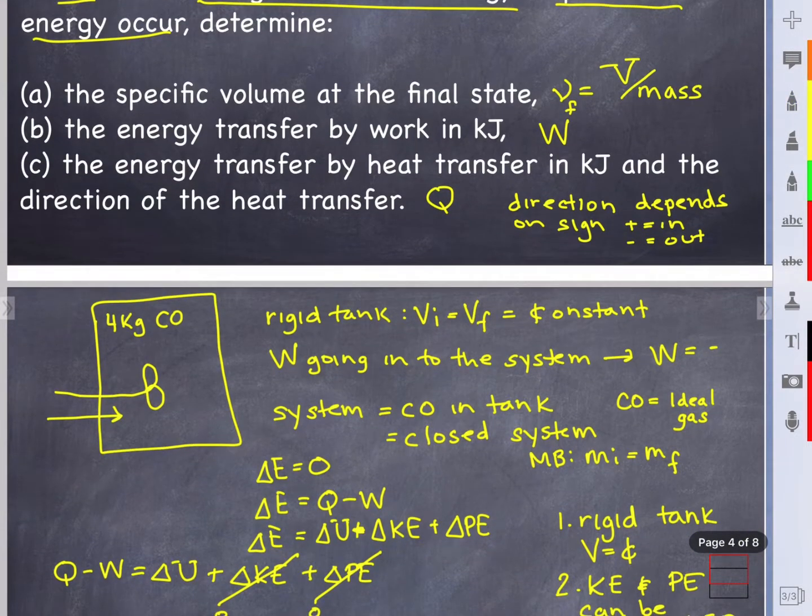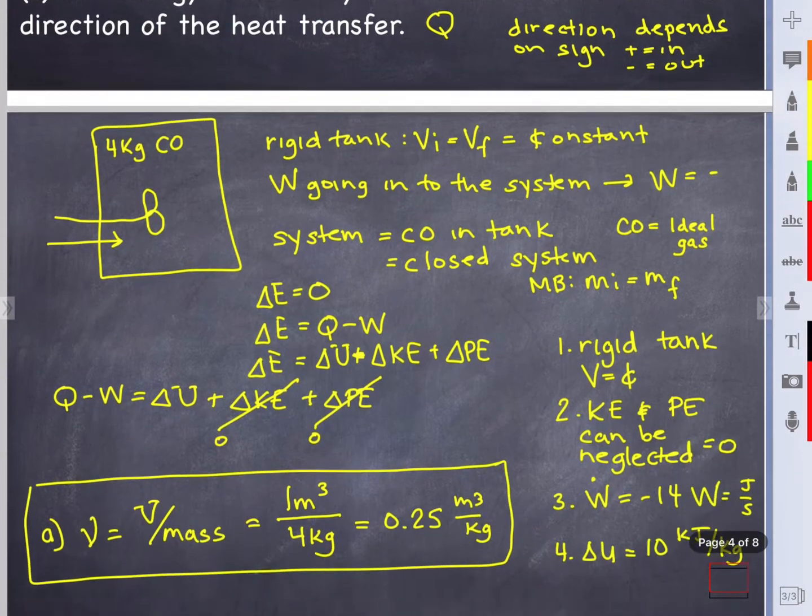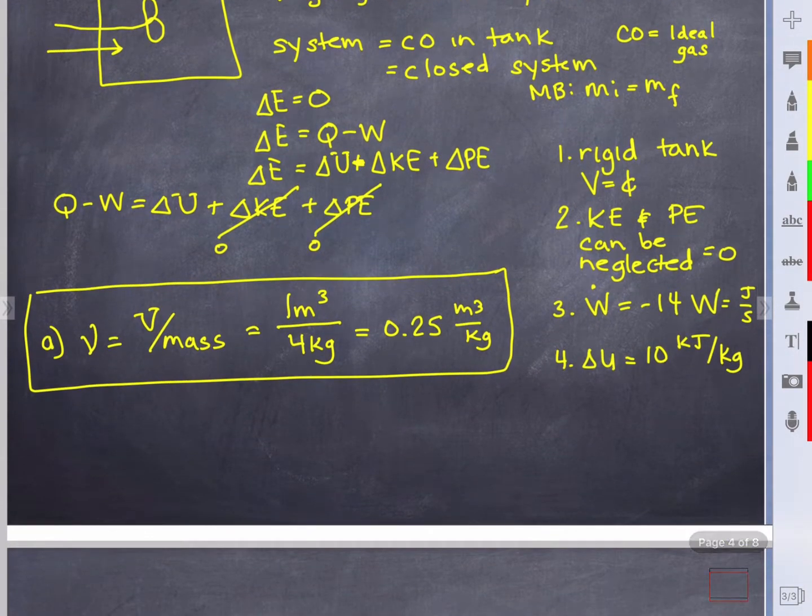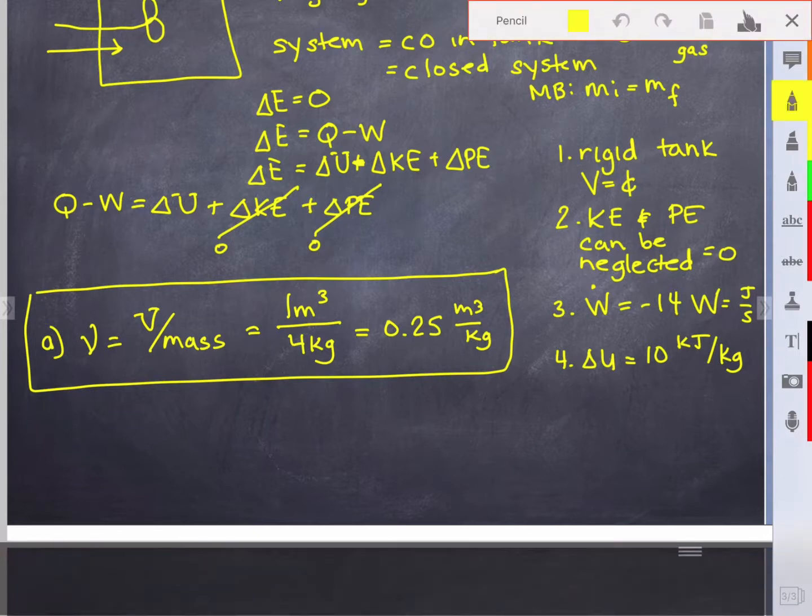Next, we're asked to find the energy transfer by work in kilojoules. We know the rate of energy transfer into the system in watts, but watts is a joule per second. We also know that the paddle wheel runs for 1 hour. So, for part B, we're looking for work.